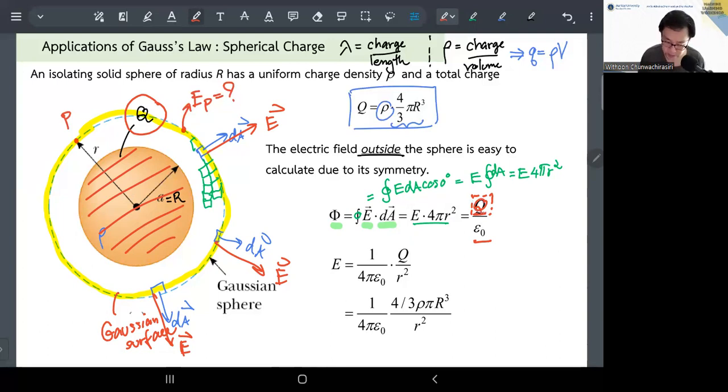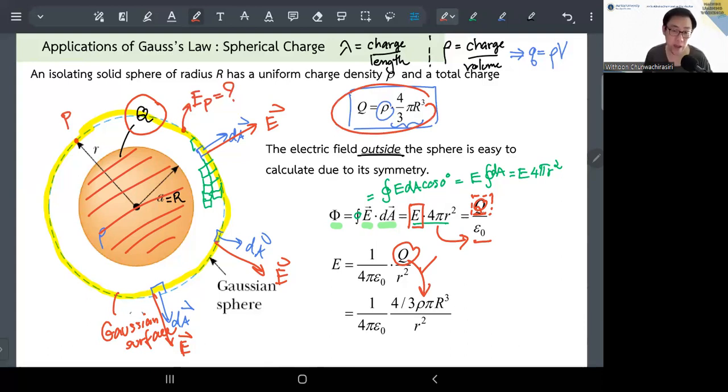You just move 4 pi r squared to the right-hand side, and that is the electric field. See, no more triple integral, no Coulomb's law to integrate or anything. You can re-express Q in terms of rho if you like, plugging in this expression, depending on what information you have.